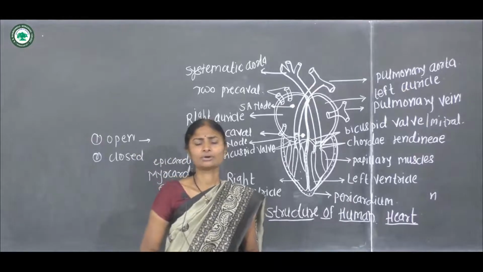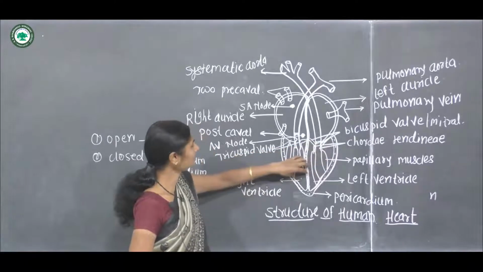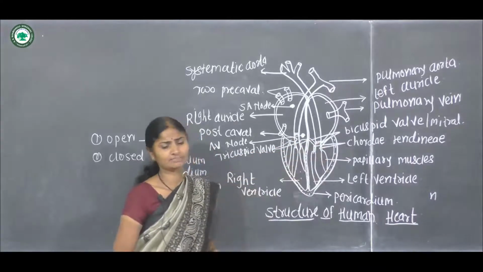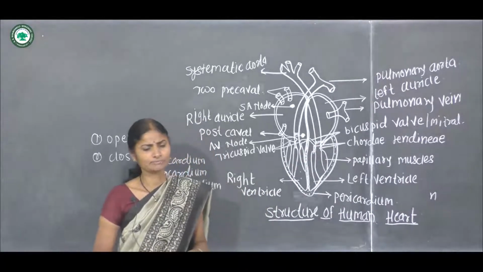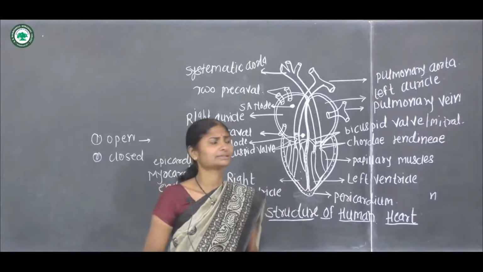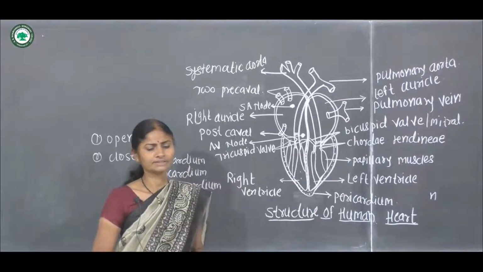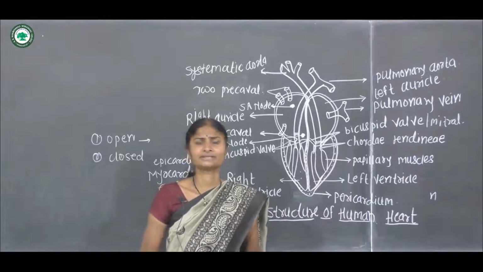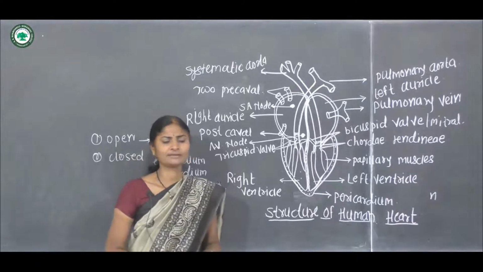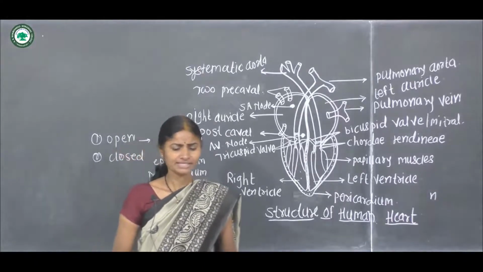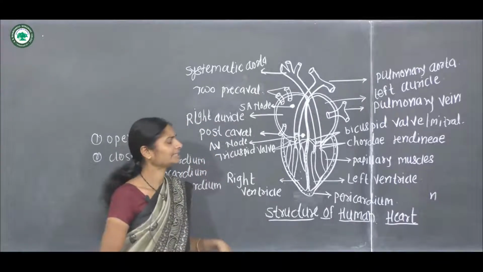When the ventricle contracts, the bicuspid and tricuspid valves close to prevent backflow of blood into the auricles. When the ventricle relaxes, the semilunar valves close to prevent backflow of blood into the ventricles.